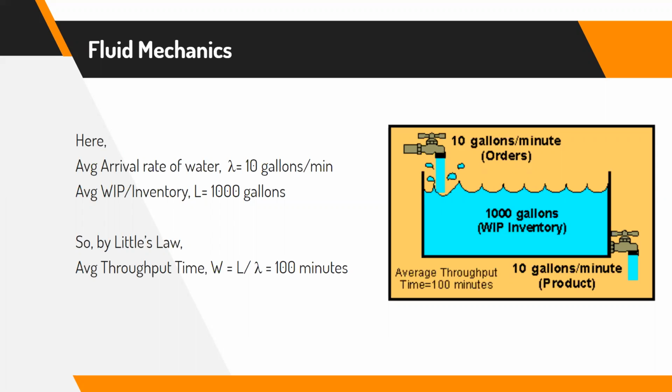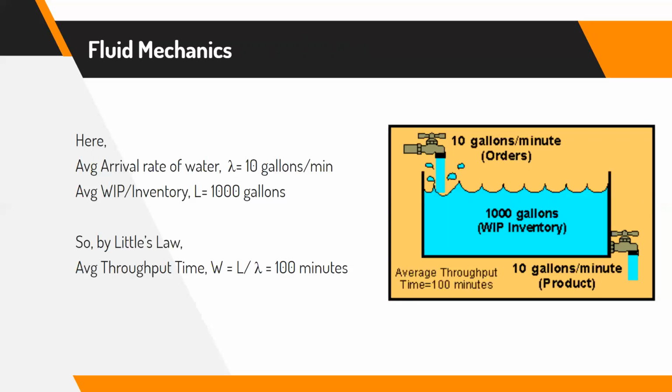If we want to find the average throughput time, that is the time some amount of water undergoes processing in a tank, we can use Little's Law for that, and that is given by W equals L by lambda, where L would be the average inventory, which is 1000 gallons, and lambda would be the average arrival rate, which is 10 gallons per minute.